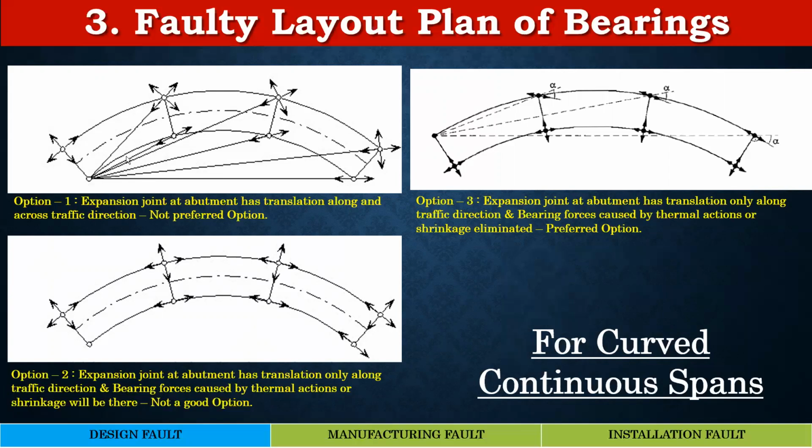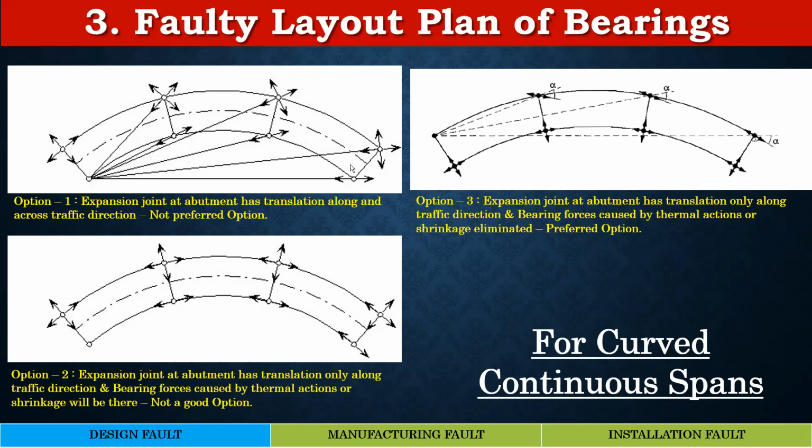And as you can see, if you draw a line connecting the fixed bearing with the bearing at another pier, along the same line you should have the guided bearing orientation in order to avoid any stresses caused by the deformation of the structure due to thermal induced or shrinkage or pre-stress induced forces.